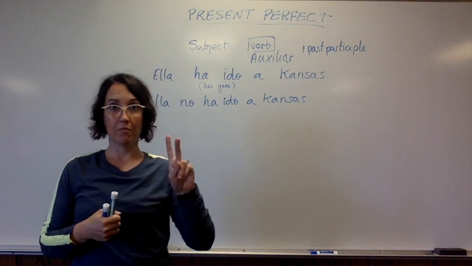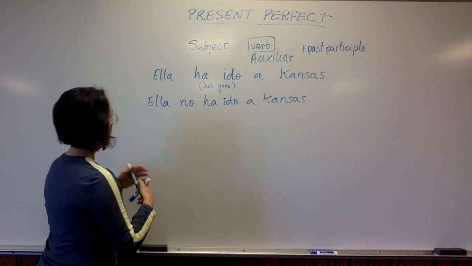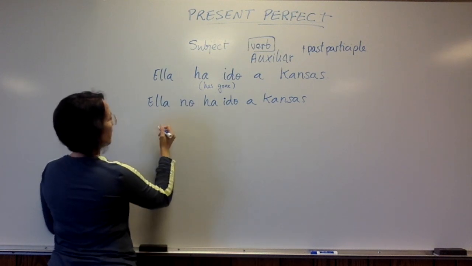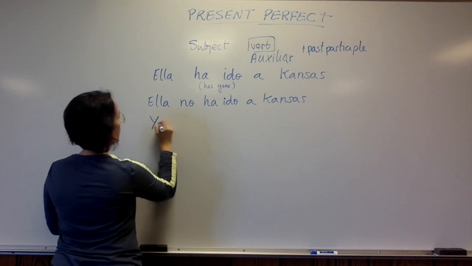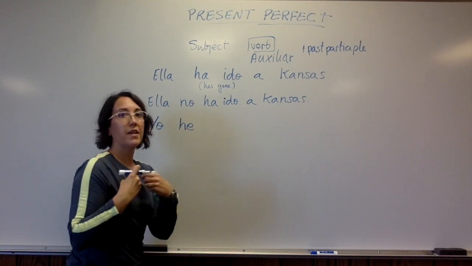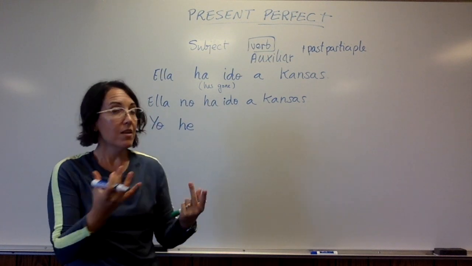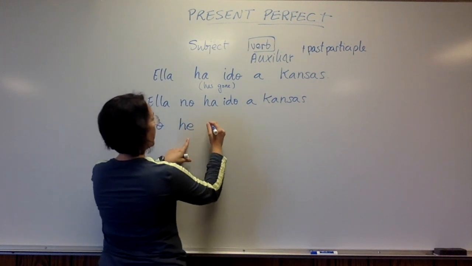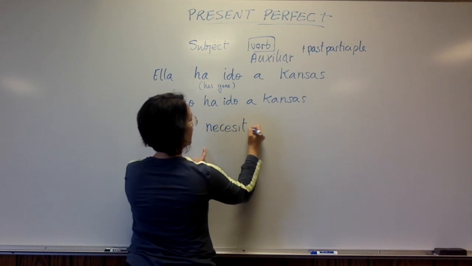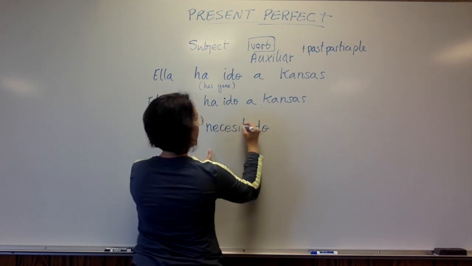So with two verbs with meaning, you do the following. We'll combine with I. So, yo, because that's me that I have needed to do something. So, you just do yo he necesitado. I have needed. So, yo he necesitado.